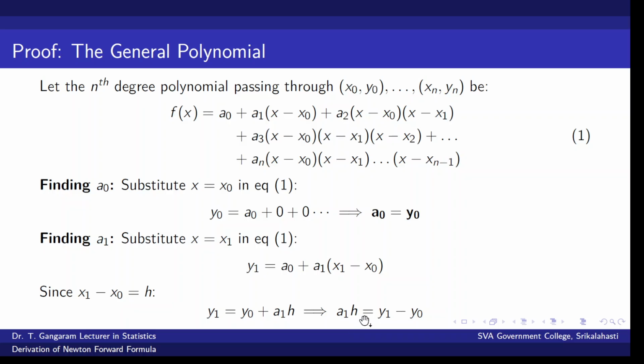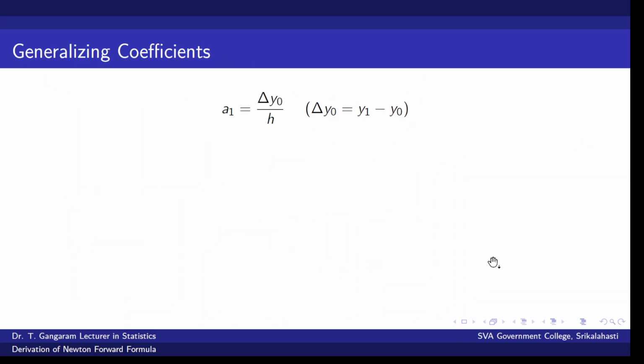So a1 is equal to y1 minus y0 by h. We can write a1 as delta y0 by h, since delta y0 is equal to y1 minus y0.